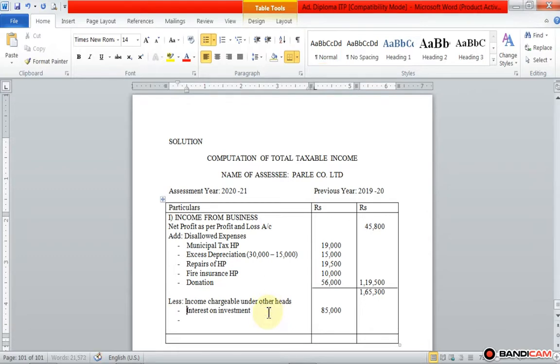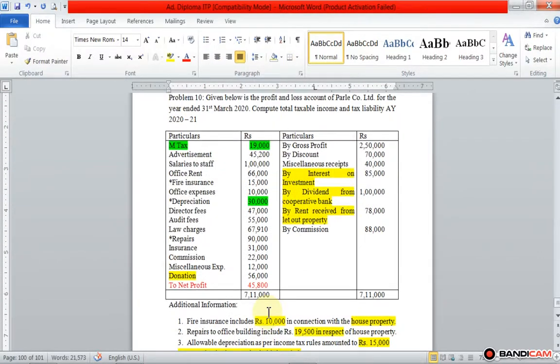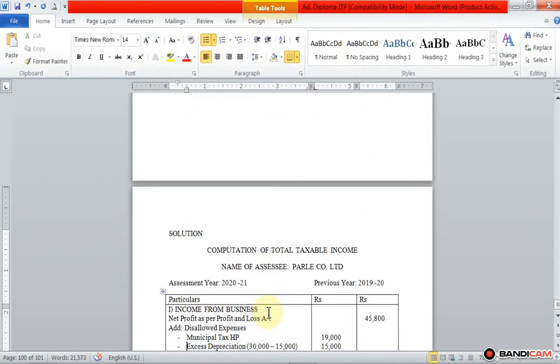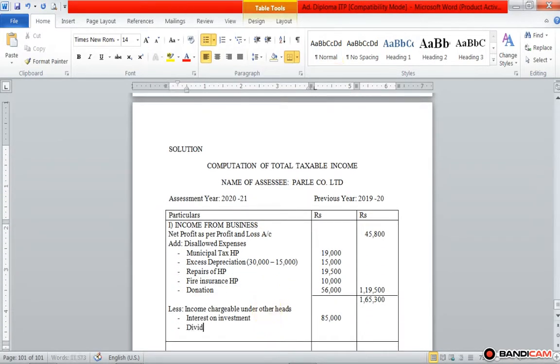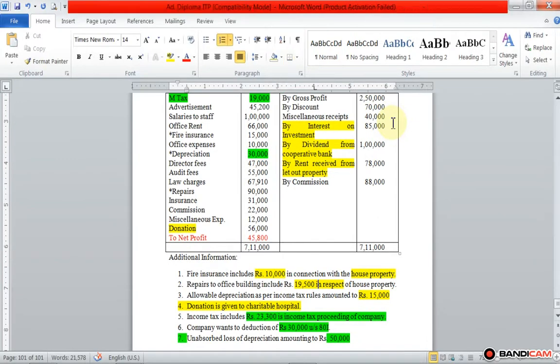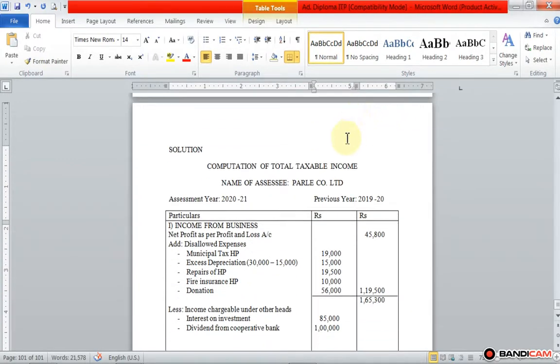Then second is dividend from cooperative bank, 1 lakh. Then rent 78,000.